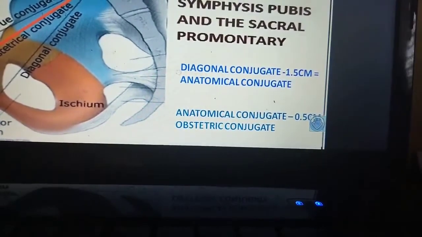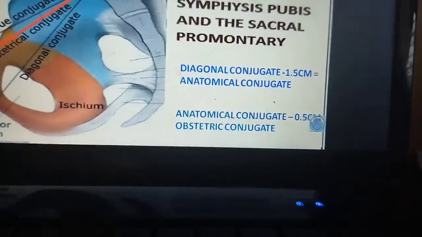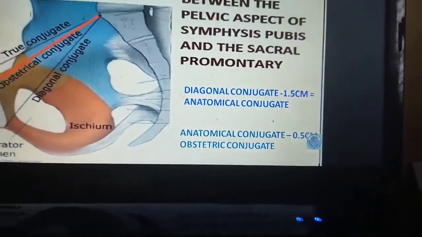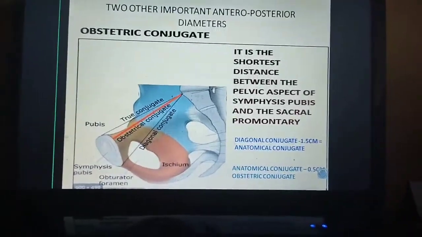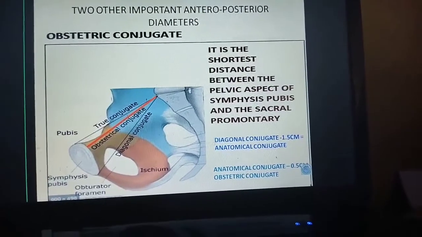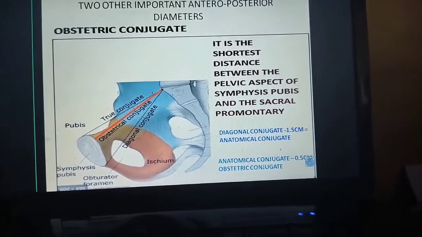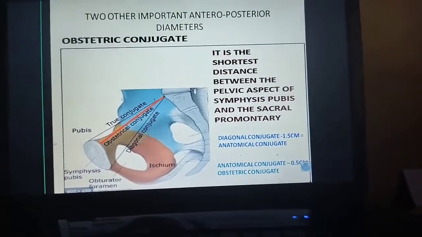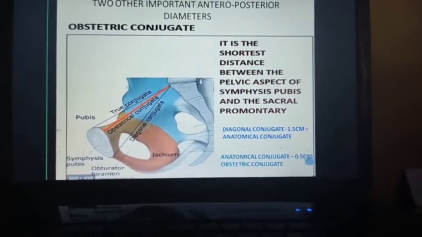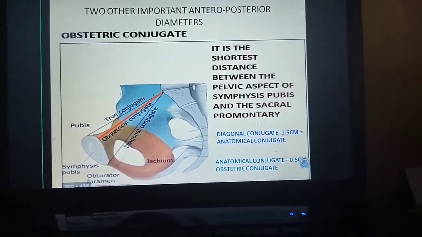Okay, so the obstetric conjugate is about 2 centimeters shorter than the diagonal conjugate. So we measure the diagonal conjugate by a pervaginal digital examination, and we need to know about the obstetric conjugate because it is actually the anteroposterior diameter through which the fetal head has to negotiate, as it is the shortest one.